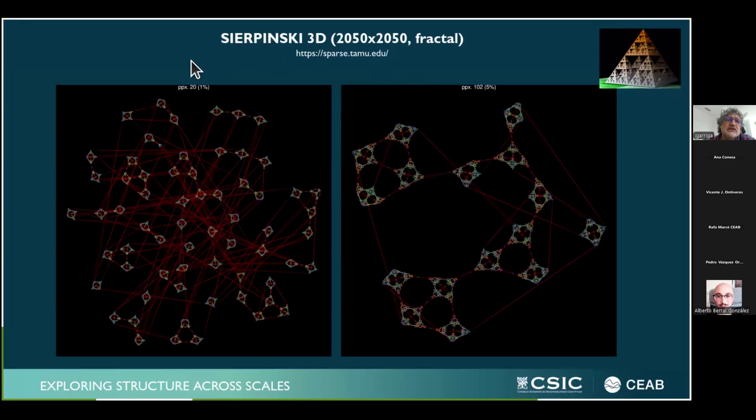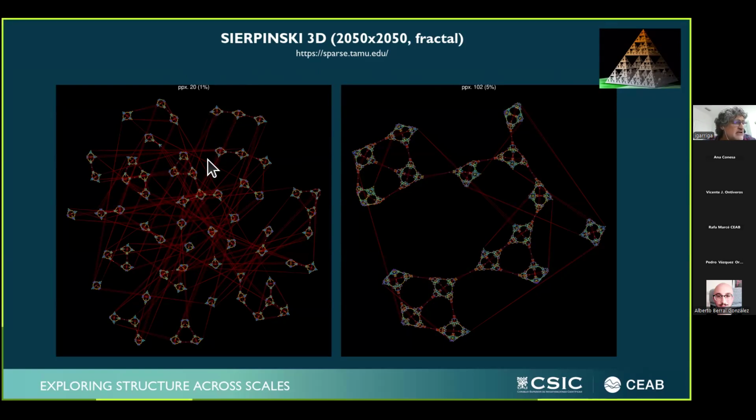Here we have used PTSNE with a very low perplexity value, just 1% of the total of nodes in this graph. And we can see that what PTSNE visualizes are these little structures, the visualization of these little tetrahedrons.